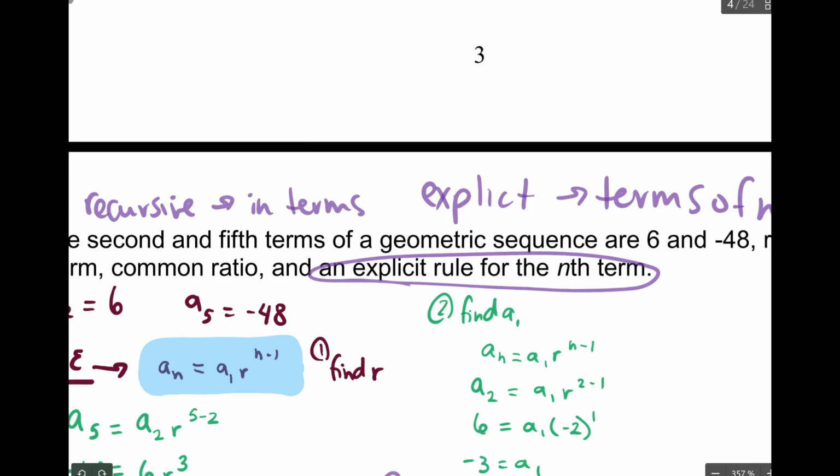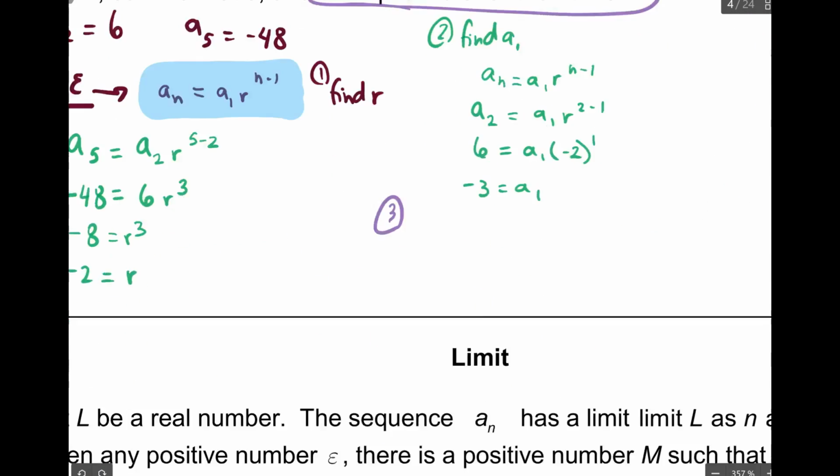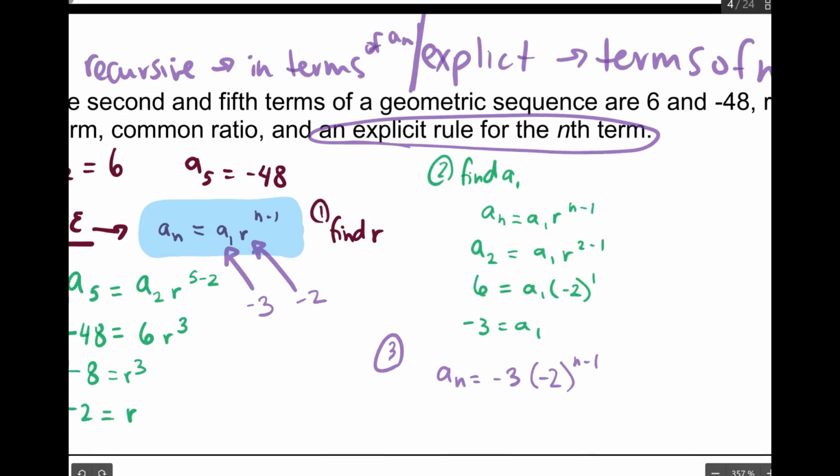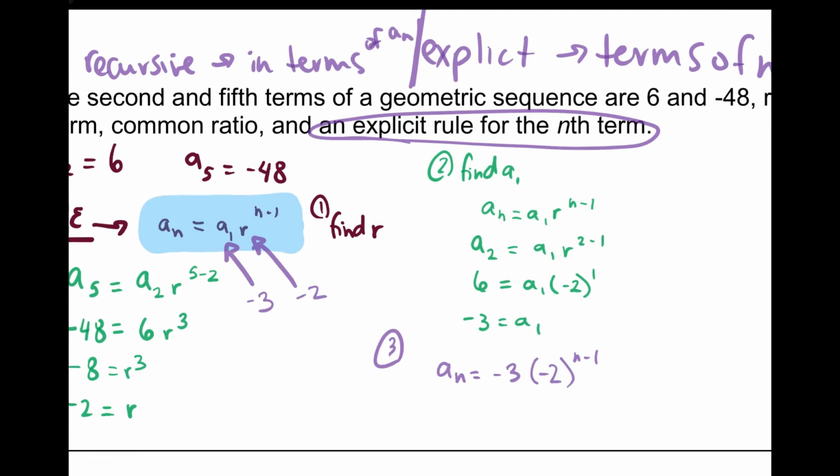The thing I highlighted is what you need to memorize. That's the explicit one. So a of n is equal to negative 3 times negative 2 to the n minus 1. Why do we have 3 in there? Because a1 is negative 3, and this r is negative 2.